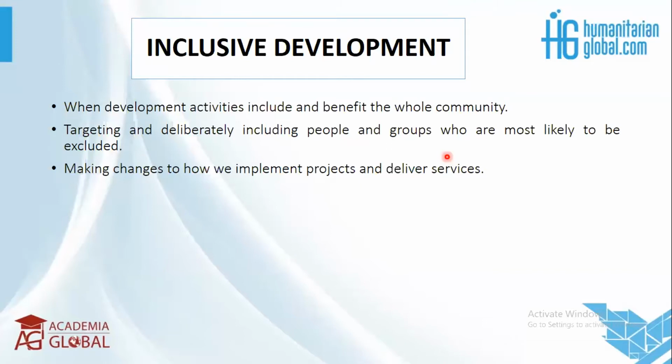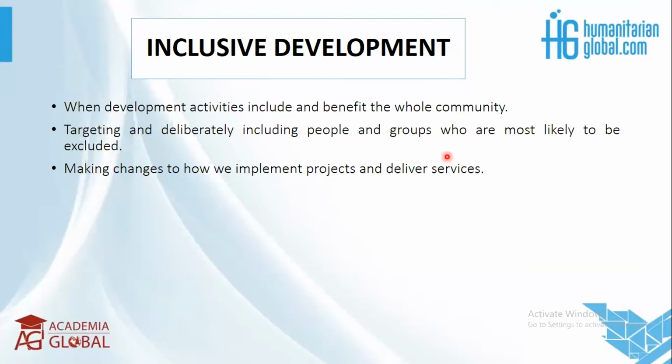Just considering the groups that we talked about, for example, people who are aged, maybe people with a disability, maybe children, or people who have an illness or an impairment. Are they really benefiting from the activities within the community? So inclusive development is all about benefits to the whole community.